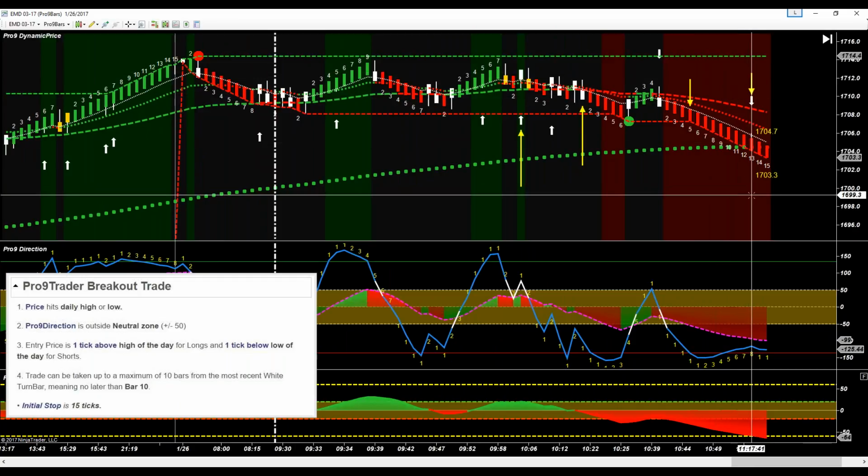Now this isn't always going to happen, but there are quite a few times where we have multiple entries in case we miss one. We may have been watching another market or whatever, could be distracted very briefly and might have missed an entry and may not have been able to get a retracement.